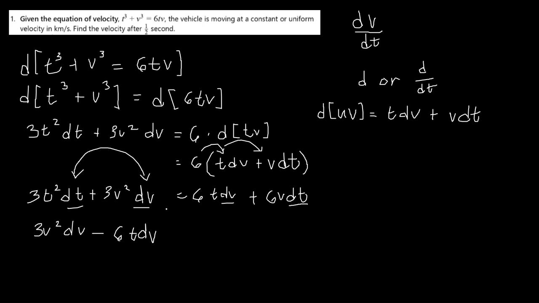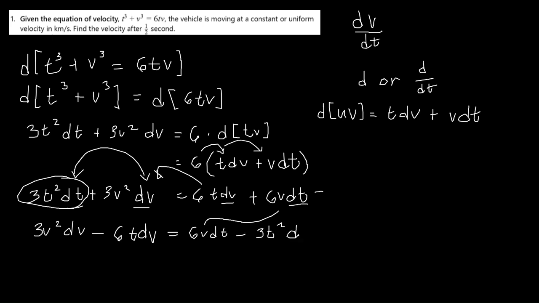As you can see, I'm just transferring this guy to here, and then equals, we retain this guy, so it's going to be 6v dt, and then transfer this to the other side. So this will become minus 3t squared dt, because when we transfer, this is going to be a negative on the other side.